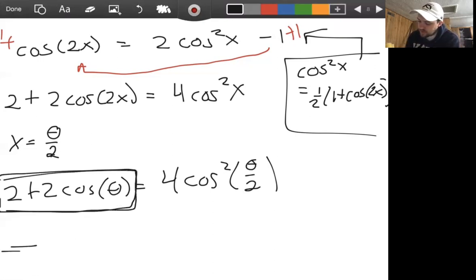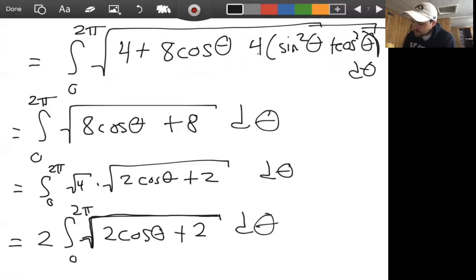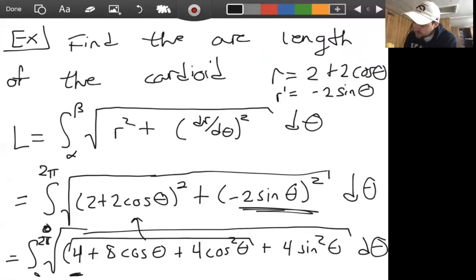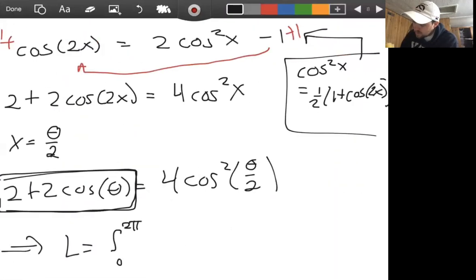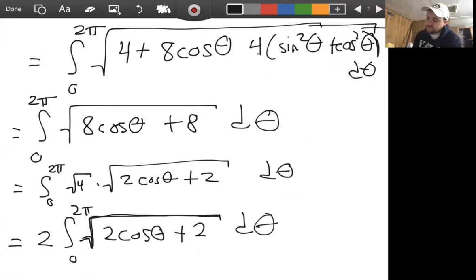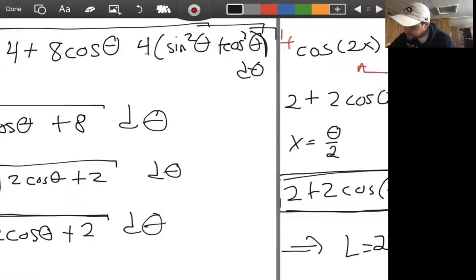And so we can replace what was under the square root. So our arc length is now the integral from 0 to 2 pi. Remember, here was our integral. So it was 2 times the integral from 0 to 2 pi of the square root of 2 plus 2 cosine theta.